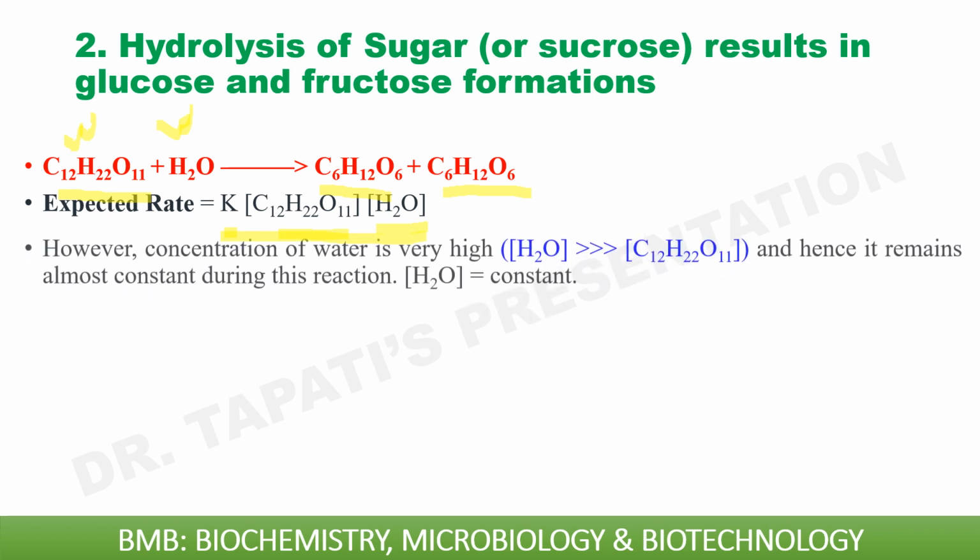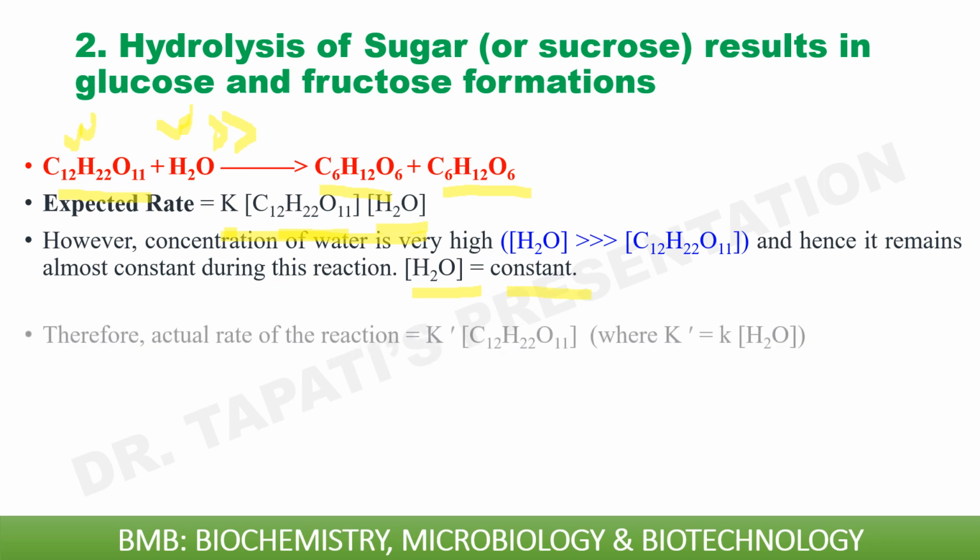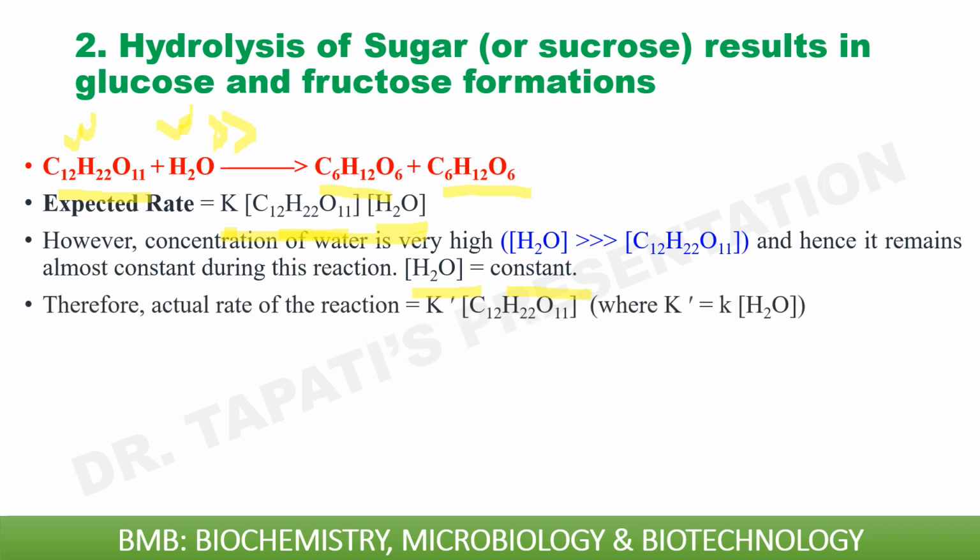Now, however, the concentration of water is very high, and hence it remains almost constant during this reaction. So we can write concentration of water is equal to constant. Therefore, actual rate of the reaction will be K prime into concentration of sugar.